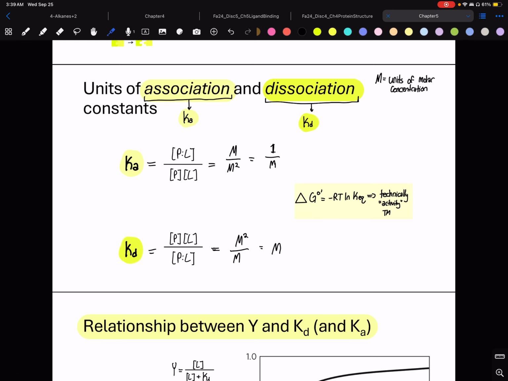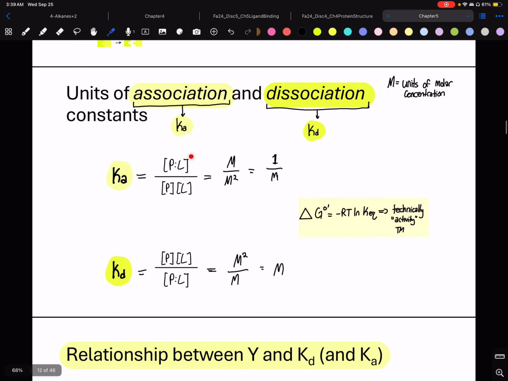And that just has to do with the way that the fraction is set up. If you were to take each concentration value, which all these would be in molar concentrations, and you just added them together, like this would just be 1 molar concentration, and these you would have to multiply, so you can do molar squared. We don't know what the values are.